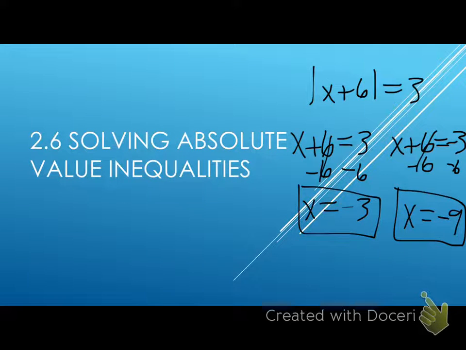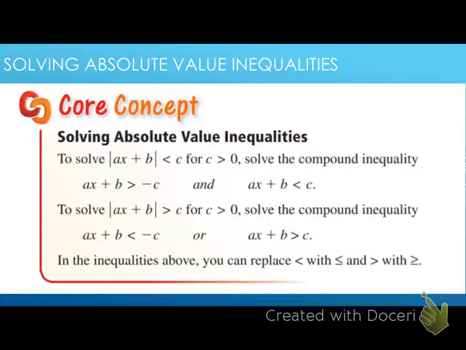All right, let's do it. So to solve the absolute value of ax plus b is less than c, for c is greater than 0. Does that say greater than or equal to? No. It just says greater than, right? So my c value must be greater than 0 in order for me to set up my two inequalities.